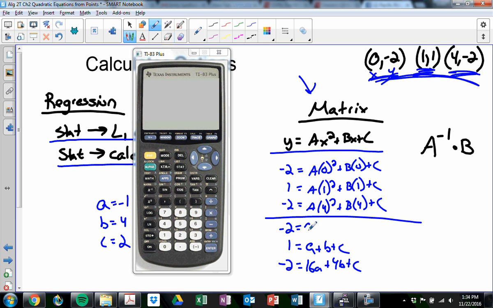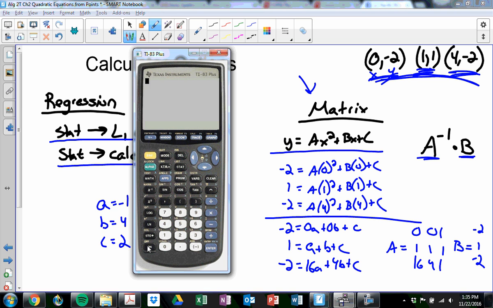I'll call this 0a, 0b, and 1c. And remembering matrix equations, I can solve the matrix equation doing A inverse times B. So matrix A is now going to be 0, 0, 1, 1, 1, 1, 16, 4, 1. And matrix B is going to be negative 2, 1, negative 2.